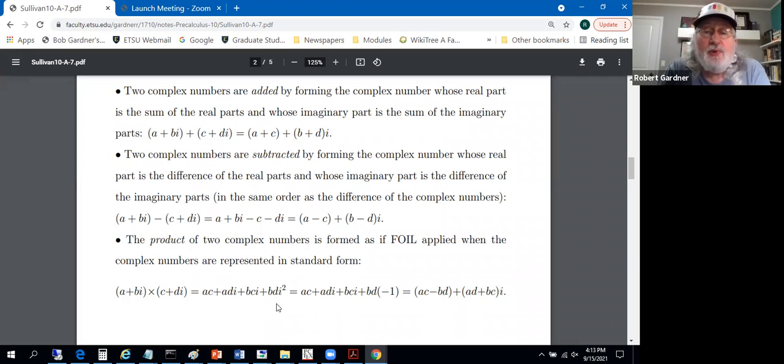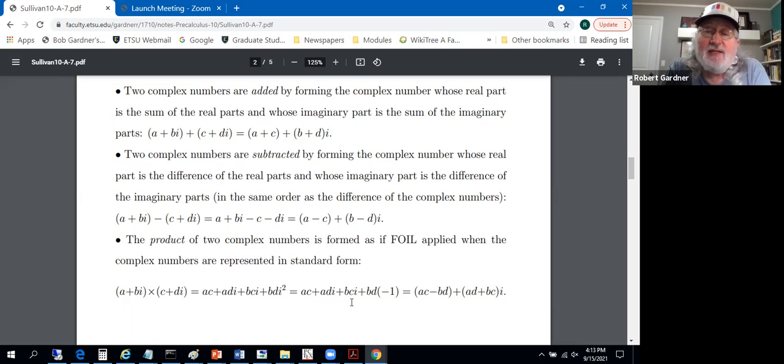So foiling produces this. i squared is by definition -1, so we get a -1 there. Here's a complex number. We'll just collect together the real parts, ac minus bd. That's where that minus sign came from. Ultimately, it came from i squared equals -1.